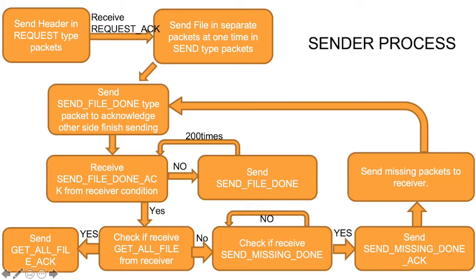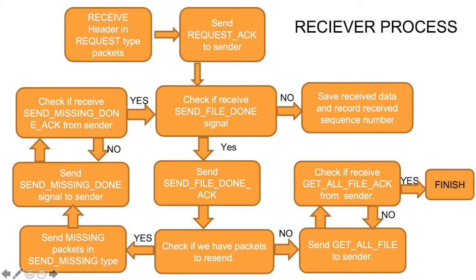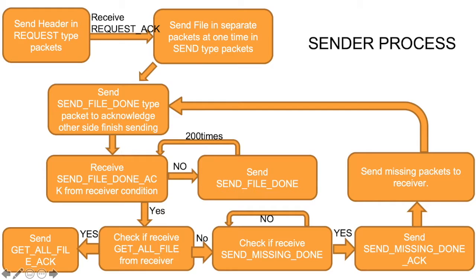And here's the sender process, and here's the receiver process. We will look into the sender process first. At first, the sender will send the header request tab packets that include the information about the total frames we are going to exchange in this transfer.